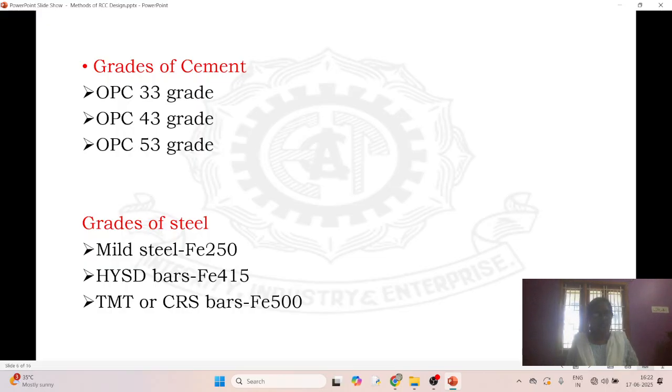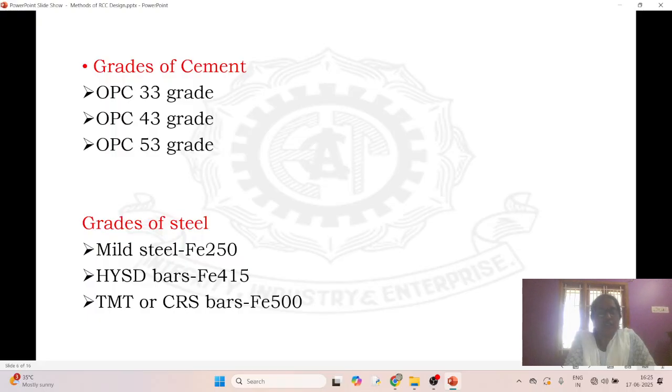So 33 means 33 Newton per mm squared. It should be reached at 28 days after curing of the cement sand mortar cubes: 33 megapascal, 43 megapascal and 53 megapascal.